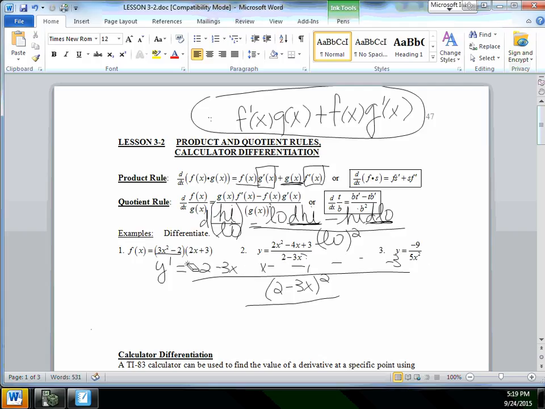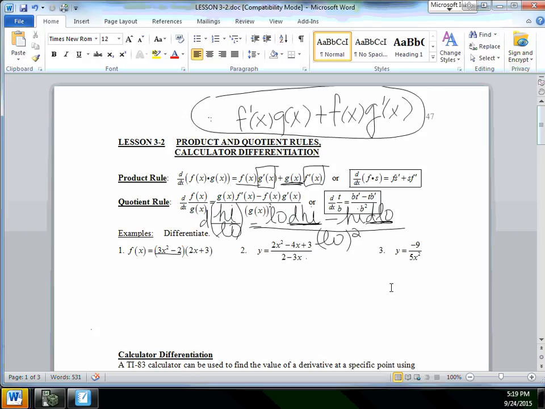Okay, this last example gets students quite a bit. They look at it and they're like, it's a fraction, I have to do the quotient rule. Well, think, do you have an x up top? There isn't. Negative 9/5 is just a number, so we could apply the power rule. So I can rewrite it as y equals negative 9 times x to the negative 2 over 5.